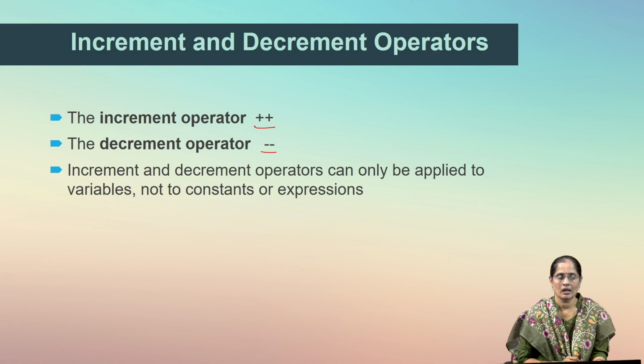We have to be very careful in using them. Only a variable or a single operand can be used with these operators. The increment and decrement operators are unary operators, so they use only one operand.